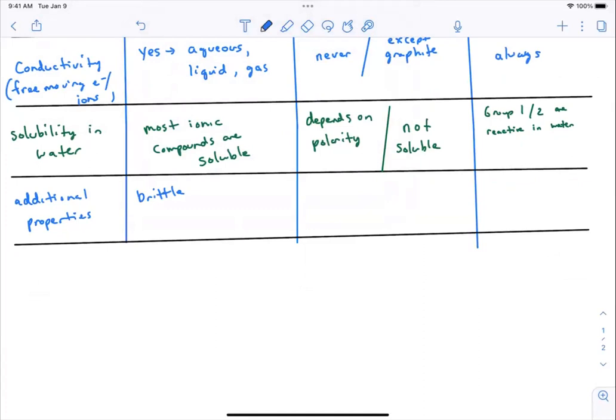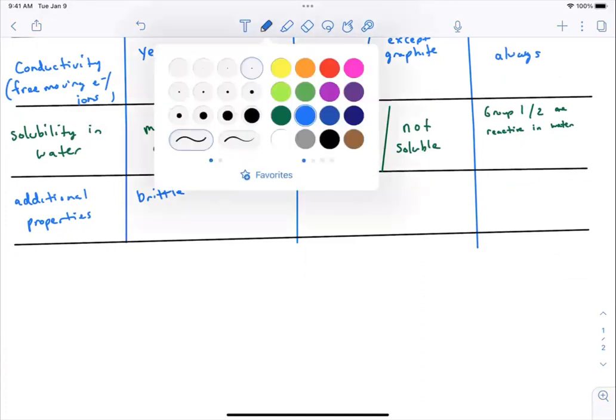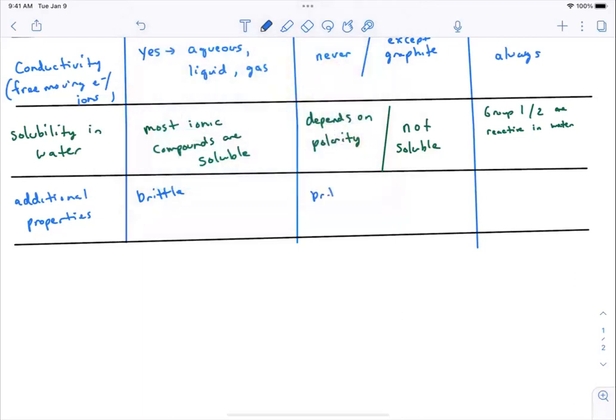When they do break, they break up into uneven, smaller pieces. Covalent are also brittle. All of them are very brittle. Even diamond, if you break a diamond, it shatters into smaller pieces, unequal pieces too.